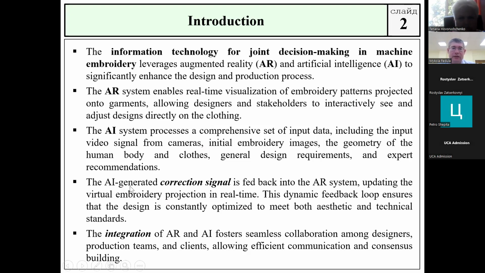The AI-generated correction signal is fed back into the AR system, updating the virtual embroidery projection in real time. This dynamic feedback loop ensures that the design is constantly optimized to meet both aesthetic and technical standards.